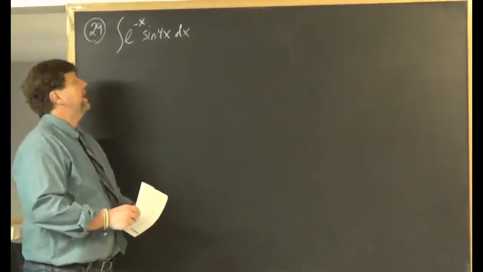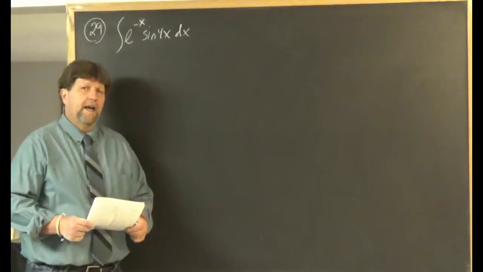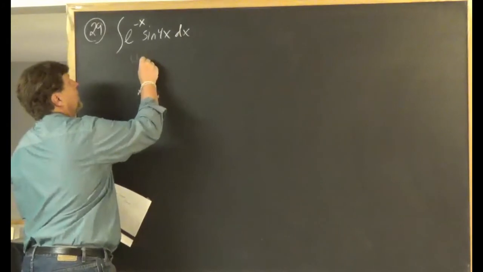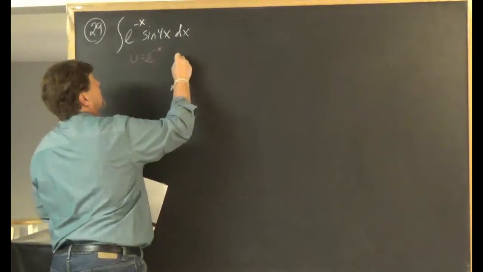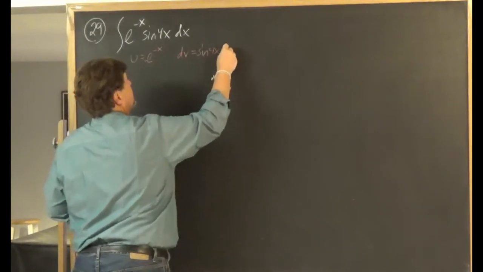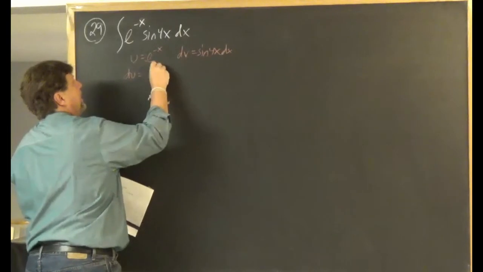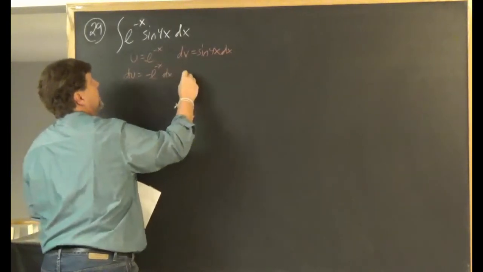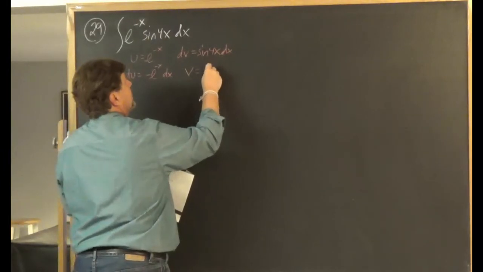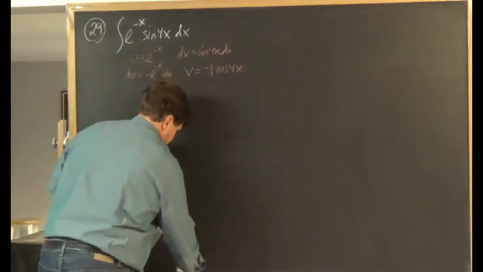All right, number 29, you were asked to integrate e to the negative x sine 4x dx. Hopefully you started off by letting u equal e to the negative x, dv sine 4x dx, du negative e to the negative x dx, and v is negative 1/4 cosine 4x.